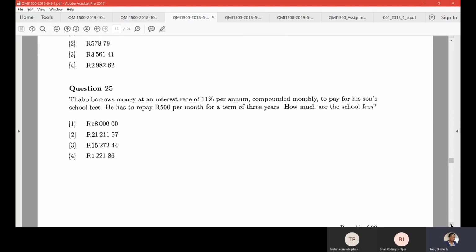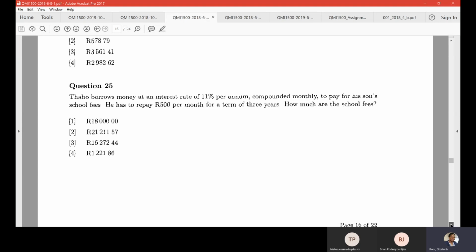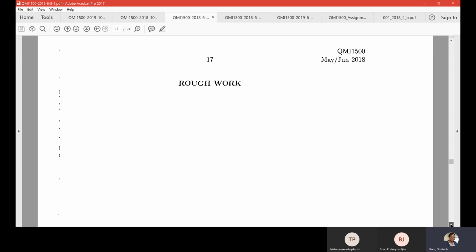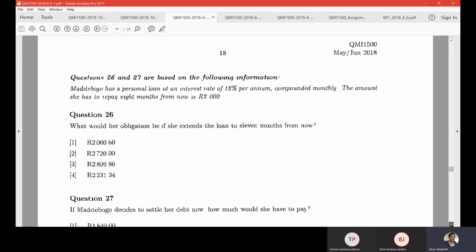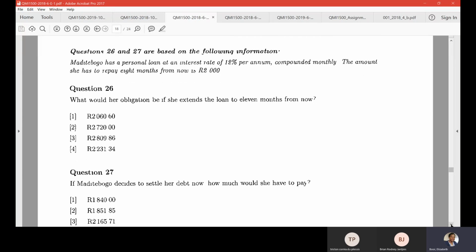Okay, so Tabo borrows money, pays for his repay. This is payment, so that's fine. That is compound interest. Okay, there we go. So here is your time value of money.